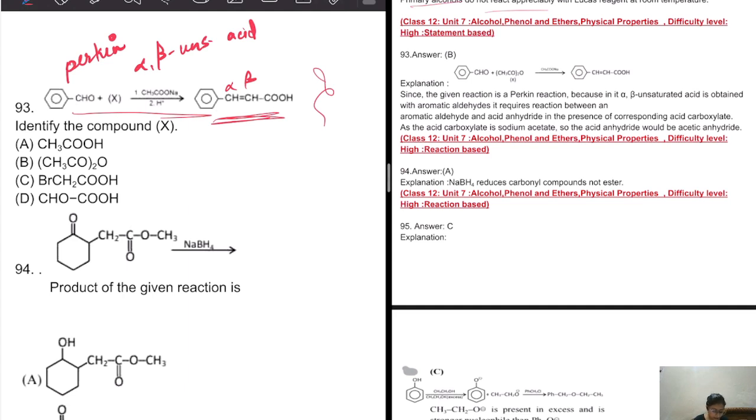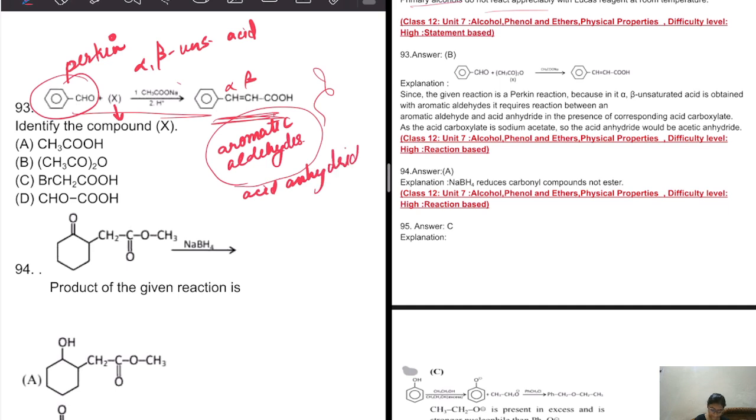It is obtained when we have aromatic aldehydes. So it requires a reaction between an aromatic aldehyde and an acid anhydride. The aromatic aldehyde is already given, so we need the acid anhydride, okay? So the acid anhydride among these is this.